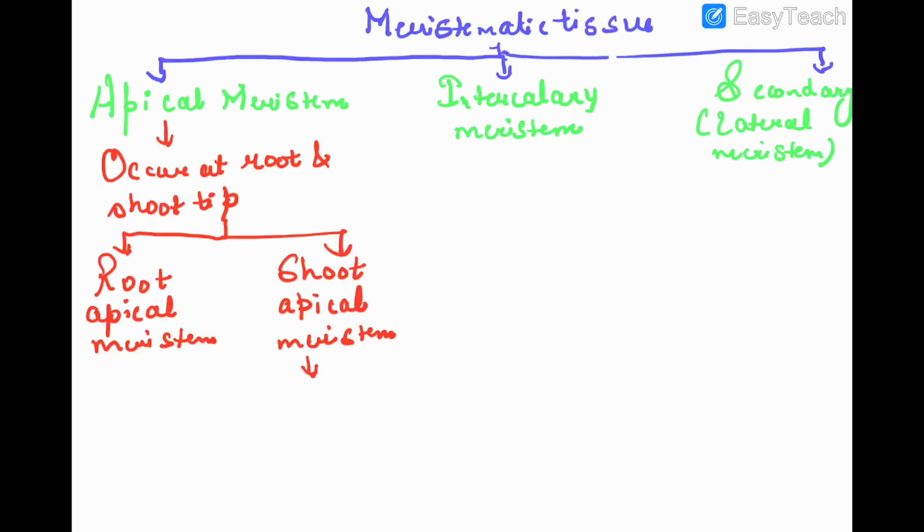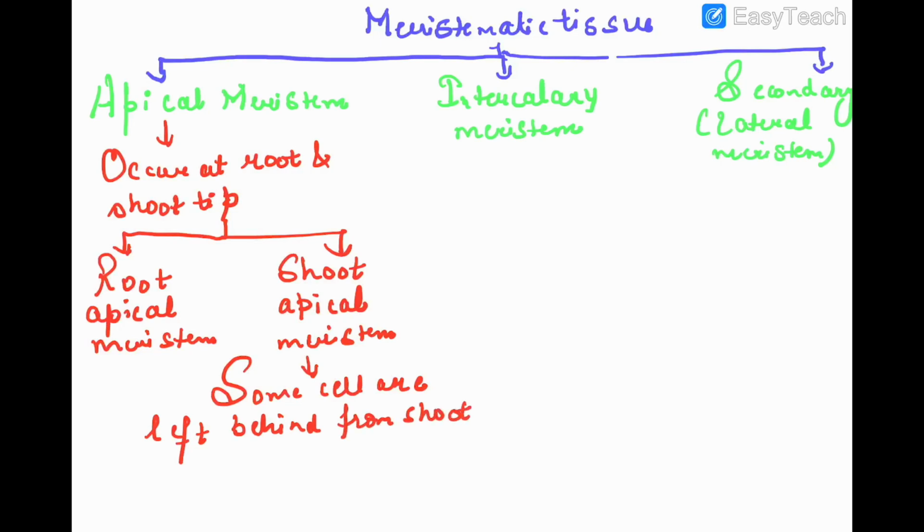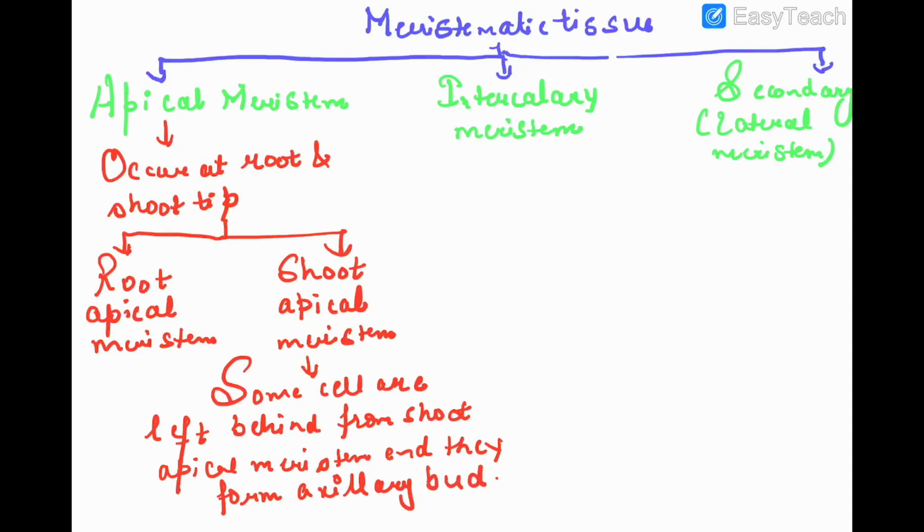Some cells are left behind from the shoot apical meristem and they form axillary bud, which is present in the axil of the leaf.